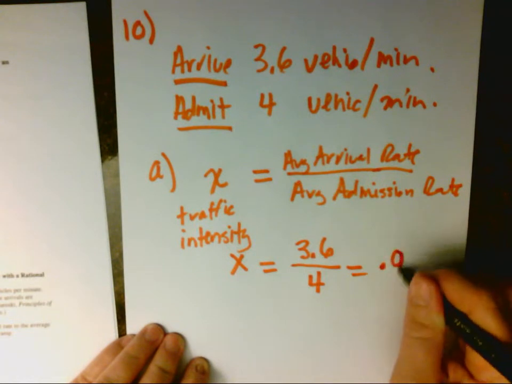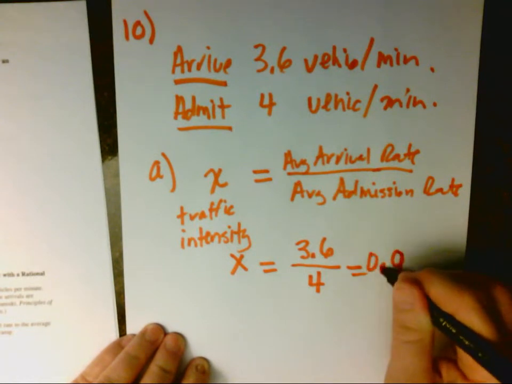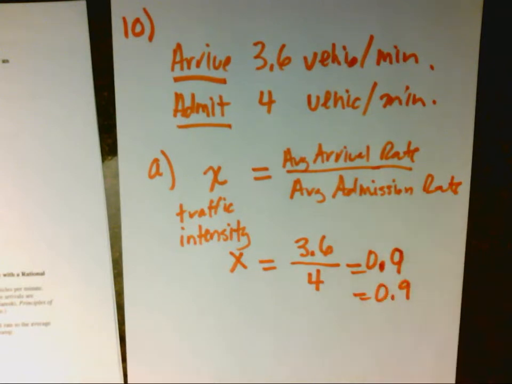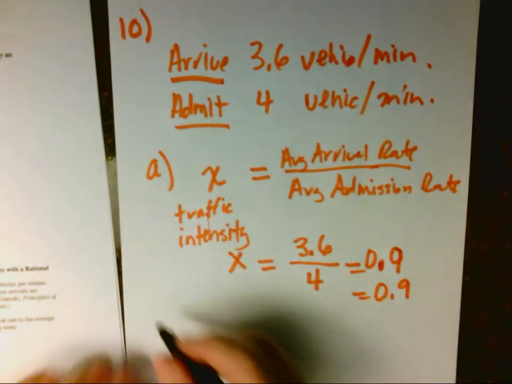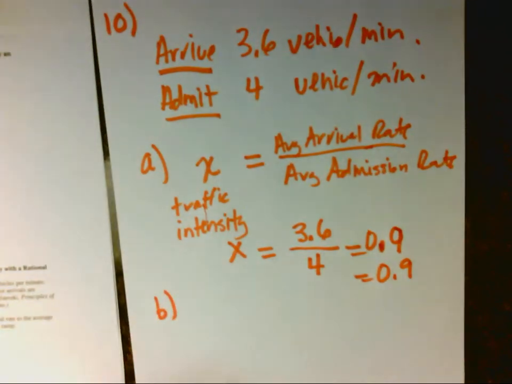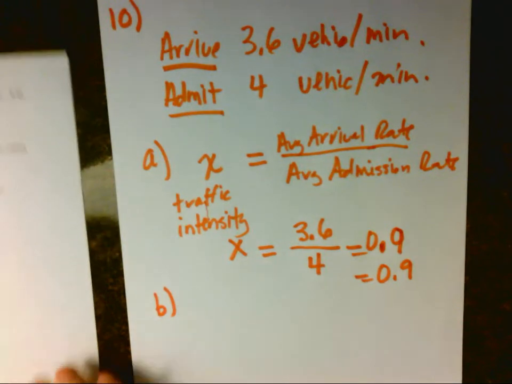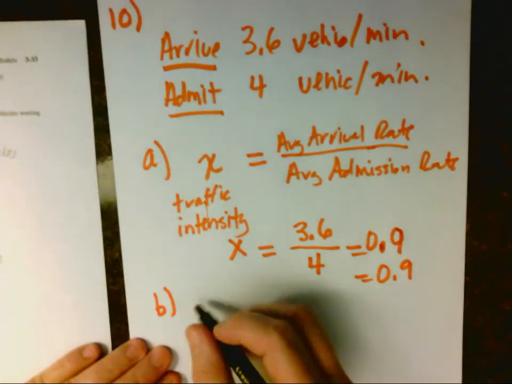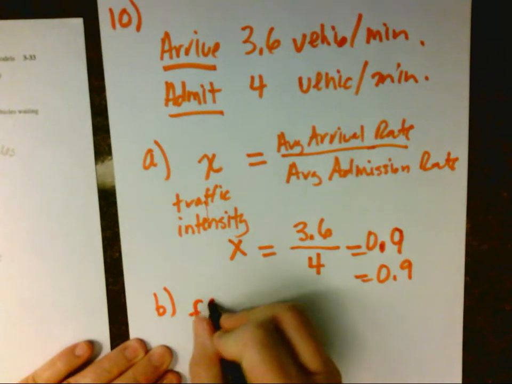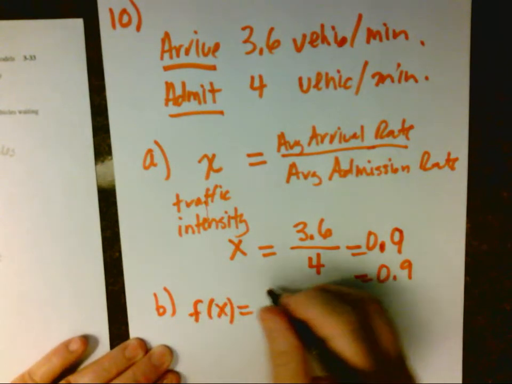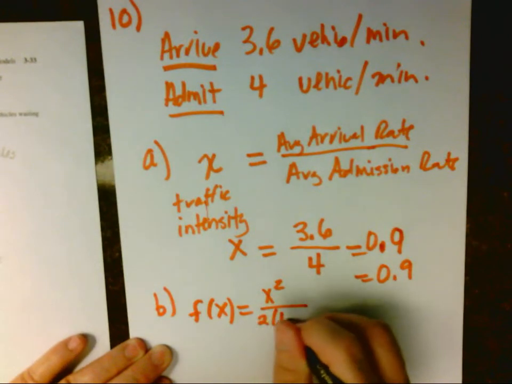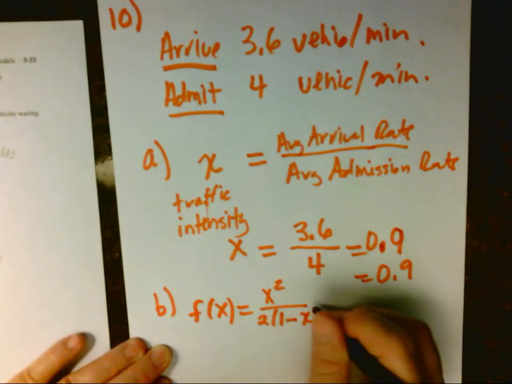Oops, sorry. 0.9. Okay. Looks kind of weird the way I wrote it. Okay. That's the traffic intensity. Part B. Next page. The average number of vehicles waiting in line is this. F of x is equal to x squared over 2 times (1 minus x).